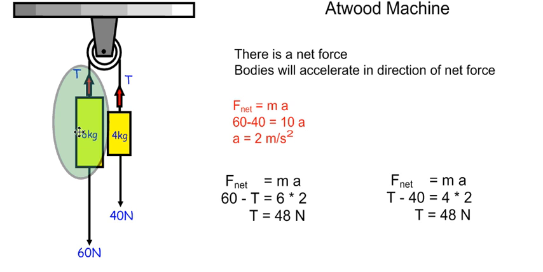The net force in this case is 60 newtons minus T. As the 6 kilogram mass has a downward acceleration, obviously the 60 newton force is greater than T to have a downward resultant. So the net force, which is 60 minus T, causes the mass of 6 kilograms to have an acceleration of 2 meters per second squared, thereby giving us a tension force of 48 newtons.